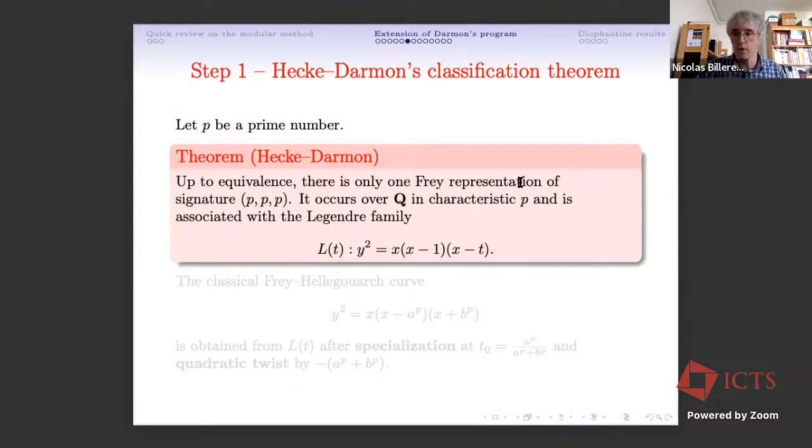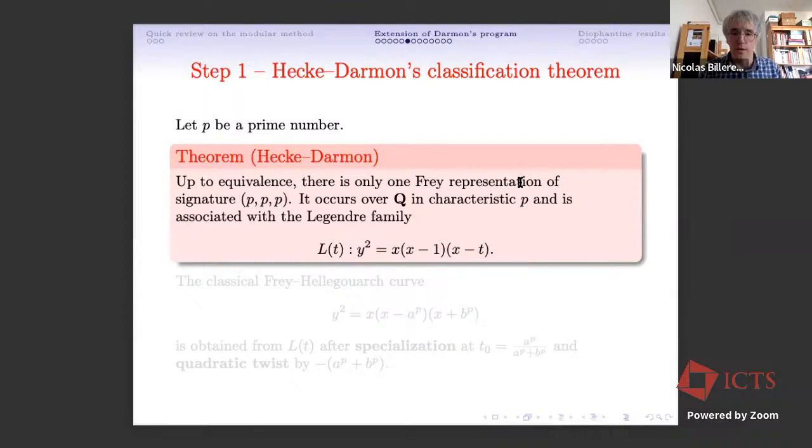I won't give all the results, but I would like to focus on one specific situation, which is the case of constant signature in a sense. There is a theorem in Darmon's paper, which Darmon attributes to Hecke, but which clearly wasn't stated this way in Hecke's work.